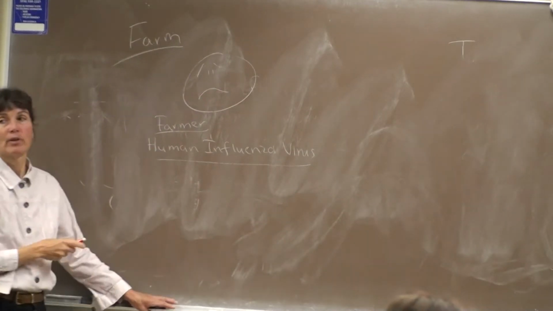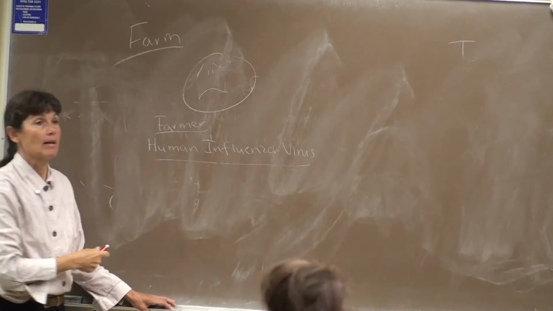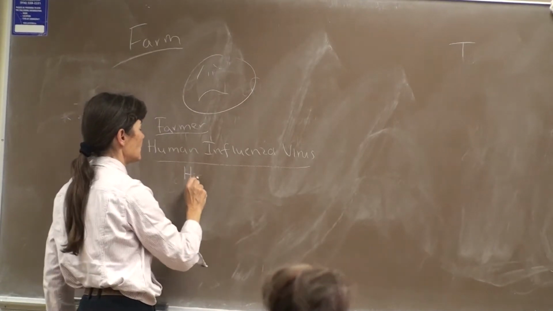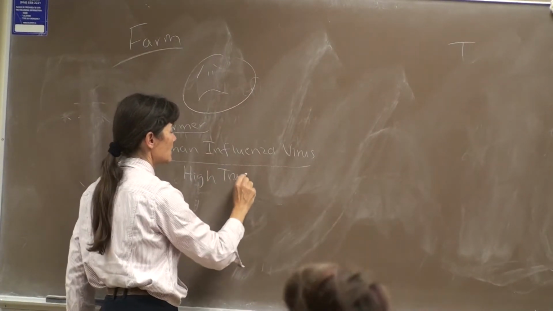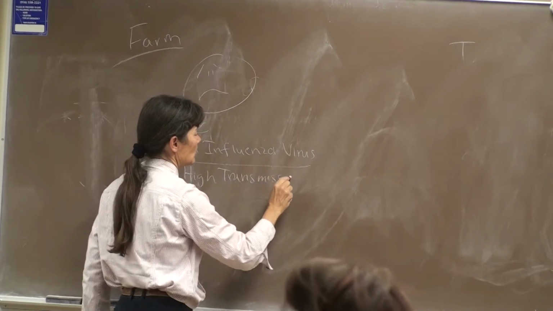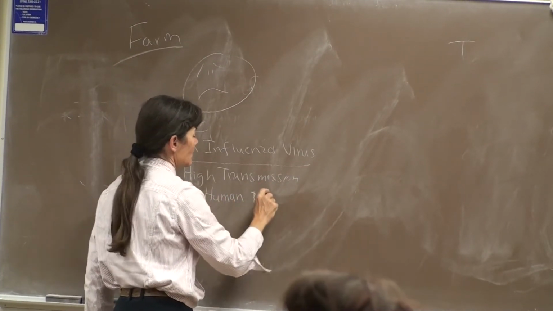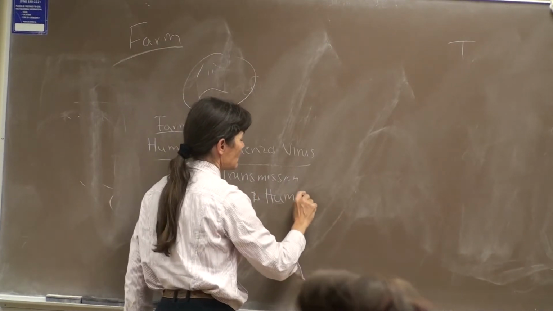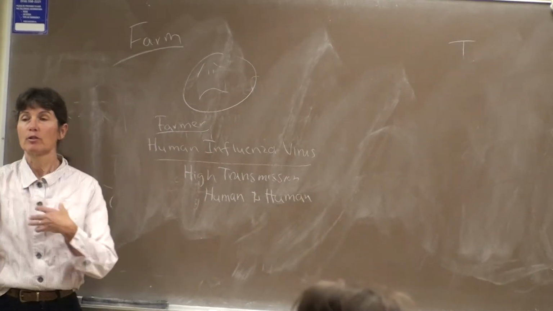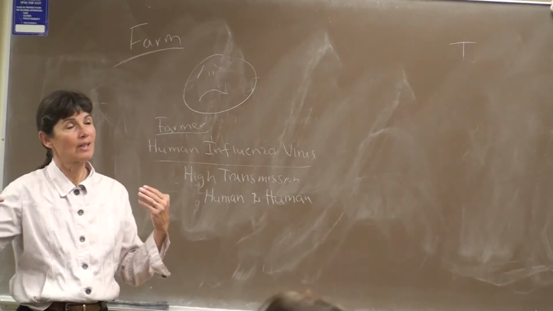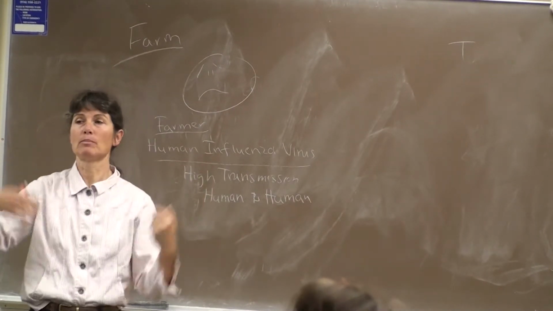And these human influenza virus strains tend to have high transmission. They're easily transferred between humans. But most of the human influenza viruses, even though they're easily transmitted, usually don't kill healthy young people like you all, right?